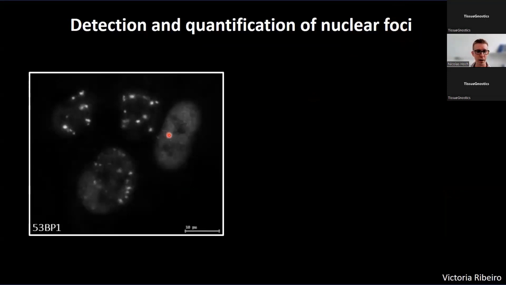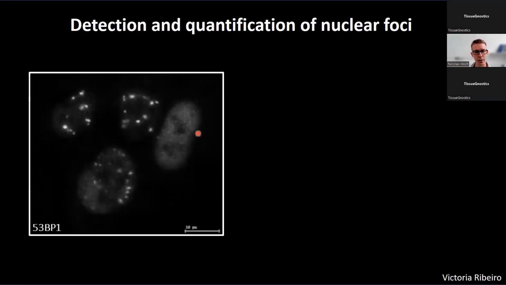Foci are structures where a protein or marker that is generally dispersed throughout the nucleus, like this nucleus over here, will localize to the DNA damage site in response to DNA damage and form these foci. This is a marker, 53BP1, that forms these foci within the nucleus. What we're interested in is not quantifying the signal intensity of 53BP1 per nucleus. We want to know how many dots there are and how big they are.